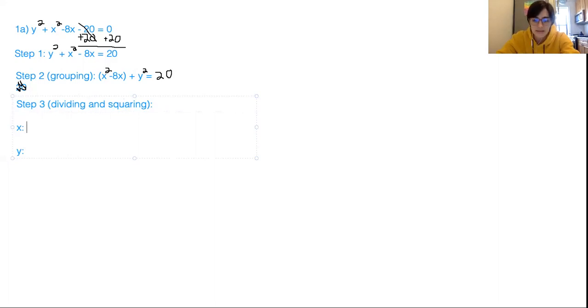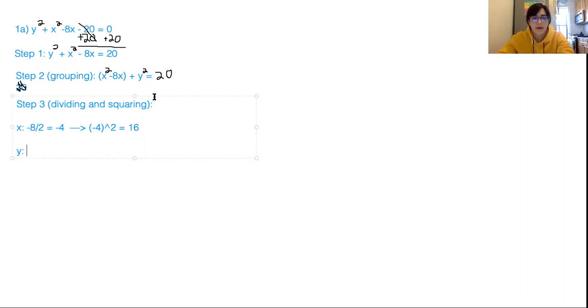So this is minus 8. That's my number that's attached to a variable. I'm going to divide it by 2. That gives me negative 4. Then I'm going to take that number and I'm going to square it. So I do negative 4 squared. That gives me negative 4 times negative 4, 16. I'm going to hold on to these numbers. I need them for future steps.